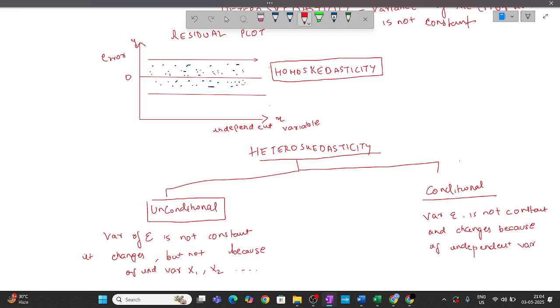So there is some relationship between the independent variable and the error term when there is conditional heteroscedasticity.